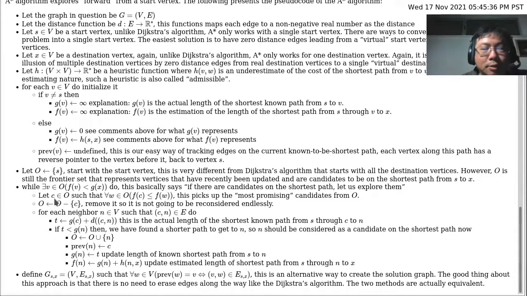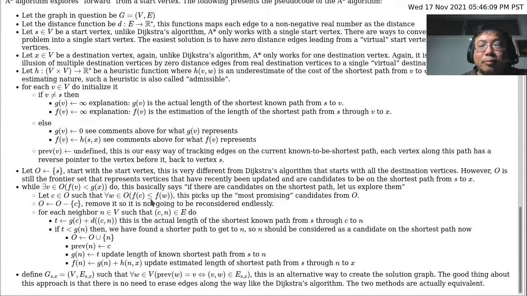Just like Dijkstra's algorithm selects a vertex out of O based on a greedy or optimistic view, we are going to do the same thing here. For all vertices in O, we want to find the one that has the least f value. In Dijkstra's algorithm, we look for the least L value, but in this case we look for the lowest f value, because the f value represents an estimate.